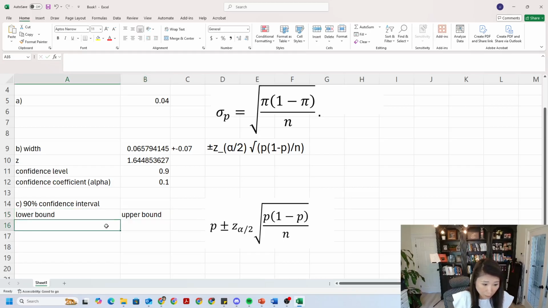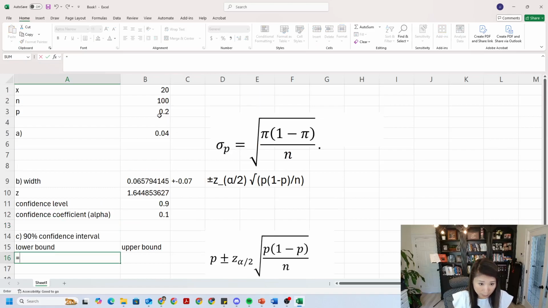For the lower bound, we pick the minus sign; for the upper bound, we pick the plus sign. So that will equal the p we already estimated, minus the z statistic, since it's still 90% confidence, so I can use the z already calculated.